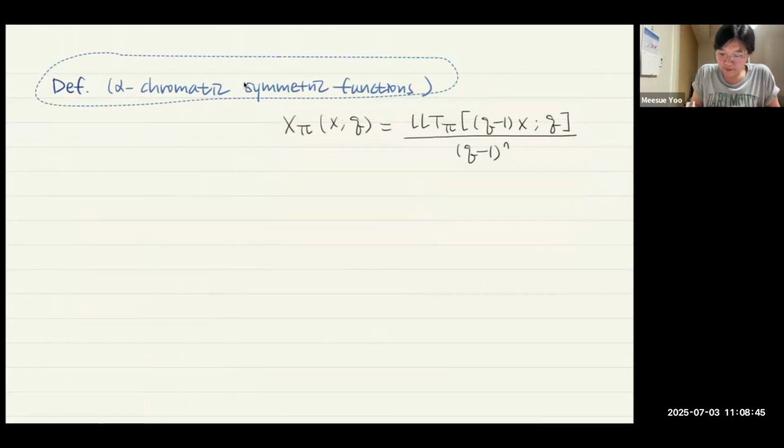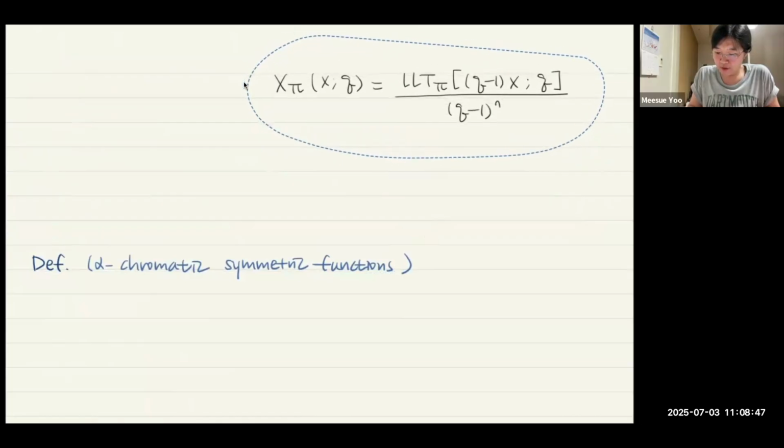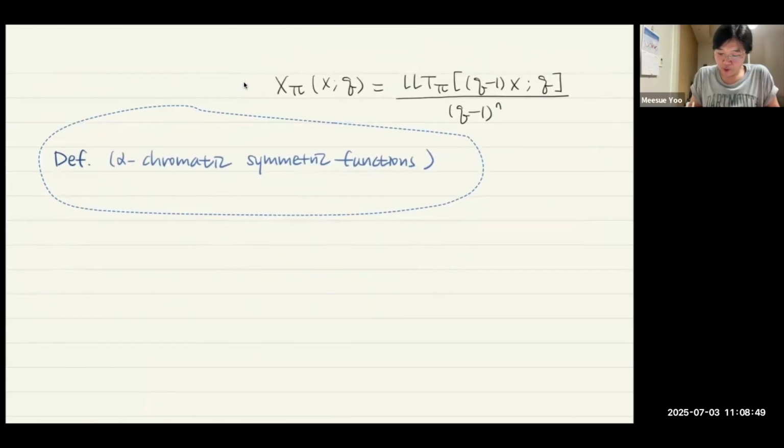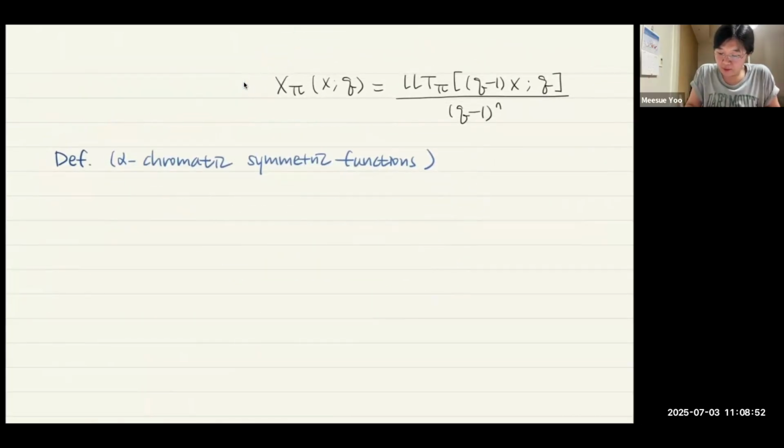So we have the Carson-Mallet relation over here, and to define our alpha chromatic symmetric functions, what I'm going to do is I'm going to replace this Q within the plethystic substitution by T, and then I'll let T equal Q to the alpha.